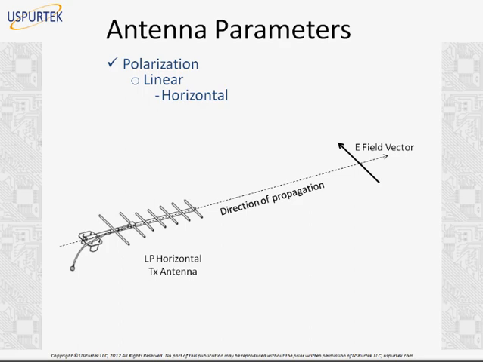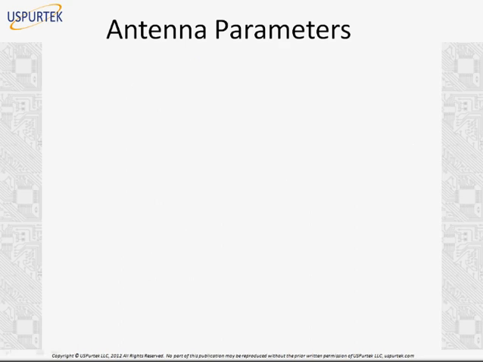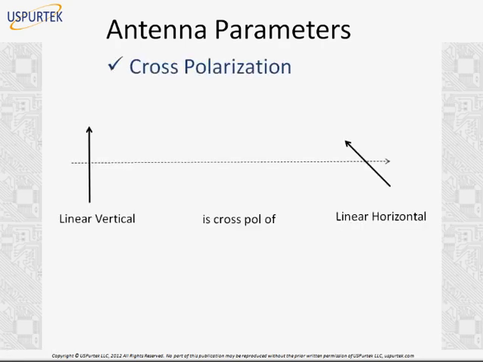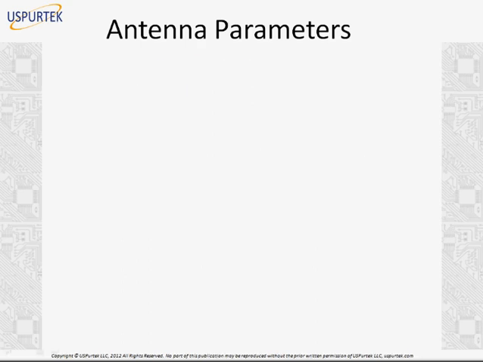They typically have horizontal polarization. Then we need to understand cross polarization. When we say linear vertical, it's cross polarized, it's a cross pole of linear horizontal. This is a typical term used by professionals: this antenna is a cross pole of the other one, which is horizontal.